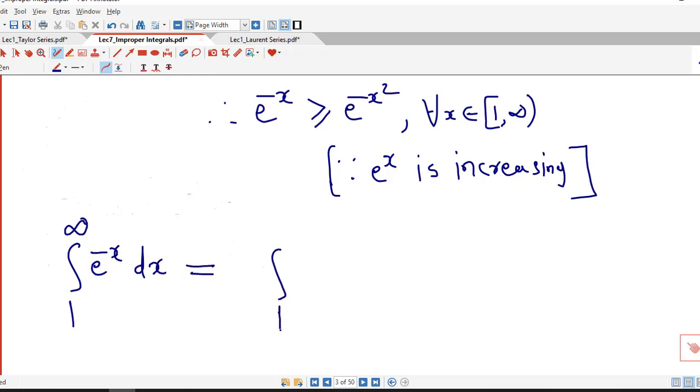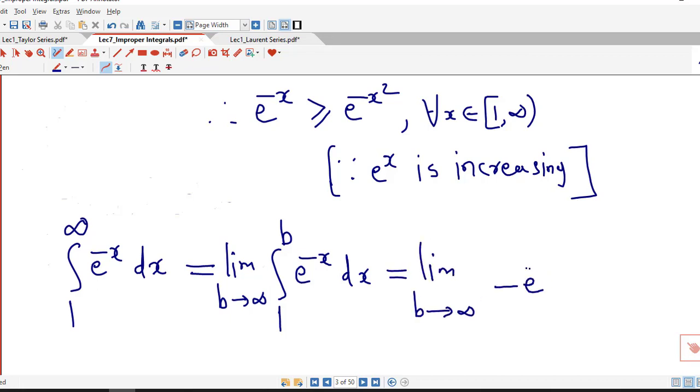Here the upper limit is infinite, so this we rewrite as the integral from 1 to b. We have to consider the limit as b tends to infinity of e raised to minus x dx. Now the integral of e raised to minus x is minus e raised to minus x, with limits of x from 1 to b.